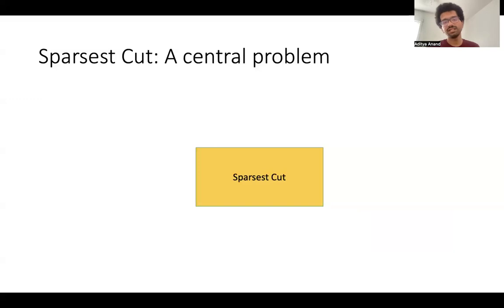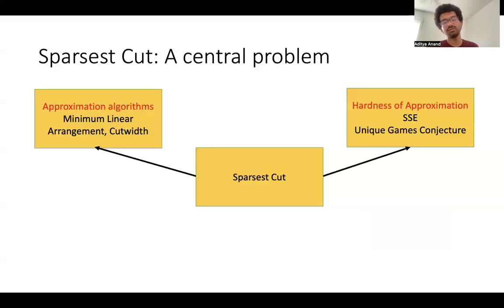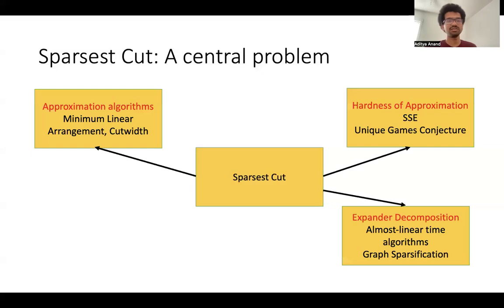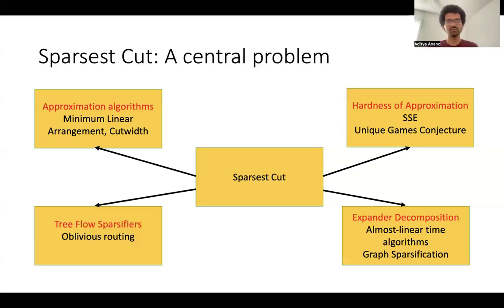Sparsest cut has been a central problem. It has had applications in so many areas. Let me briefly talk about some of them. In approximation algorithms, it's been used to approximate problems such as minimum linear arrangement and cut width. In hardness of approximation, small set expansion, which is close to sparsest cut, is a very important problem with connections to the unique games conjecture.